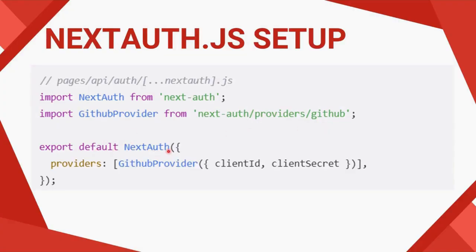Export default NextAuth with providers: GitHubProvider with clientId and clientSecret. Here you set up the provider configuration using credentials from the GitHub developer console. Okay, you can understand it easily. If you use GitHub, that time authentication is needed. If you directly post the data from GitHub, this time we use these things.